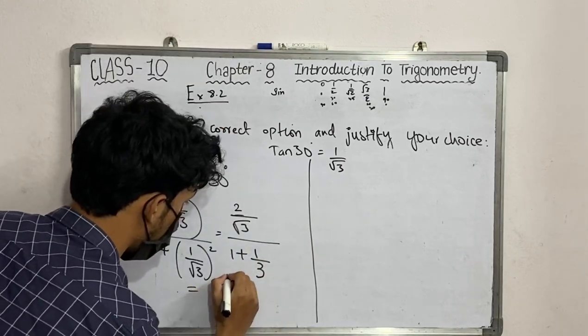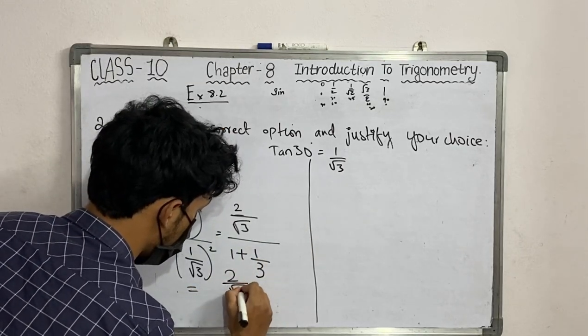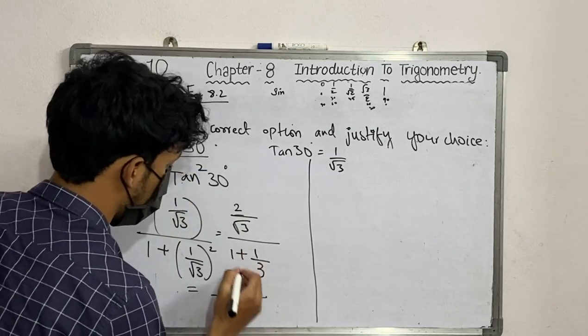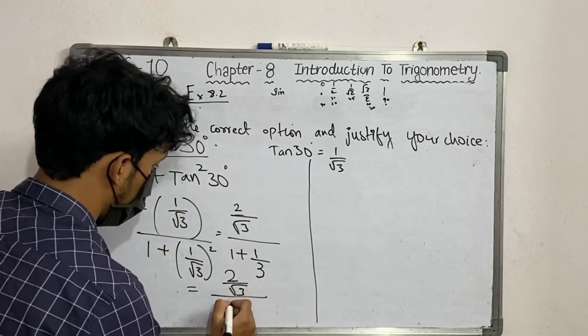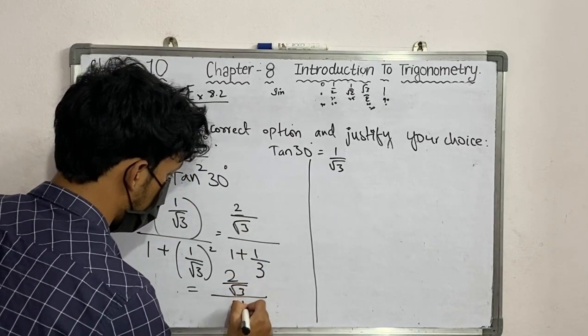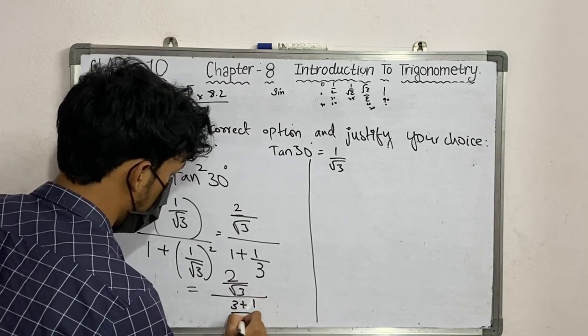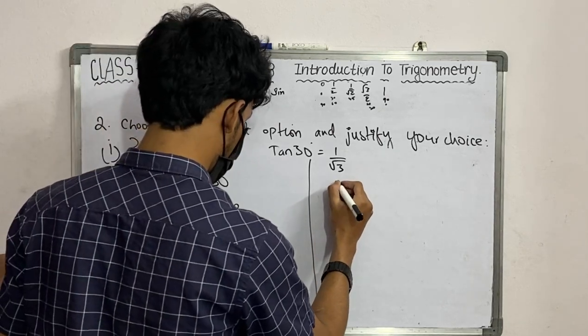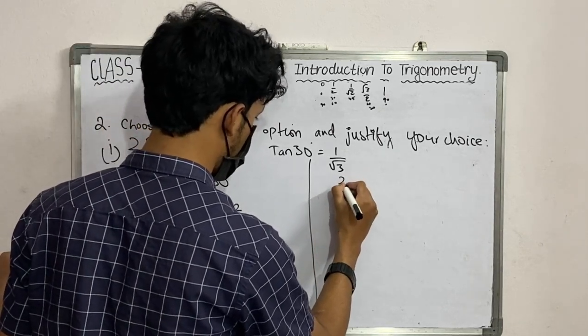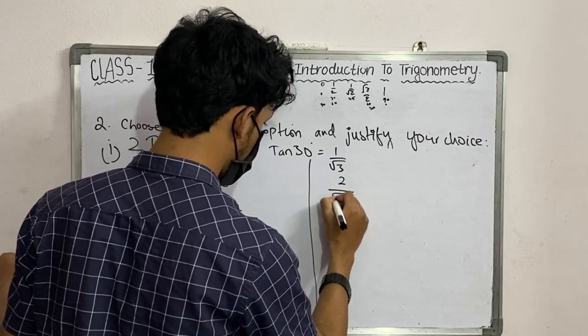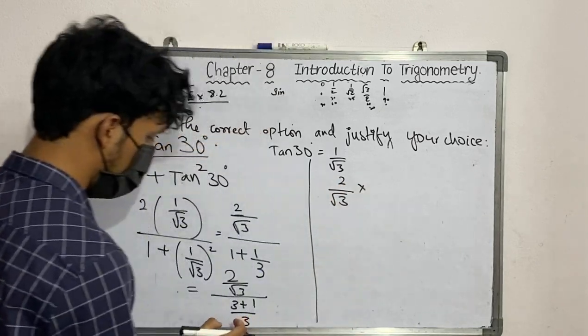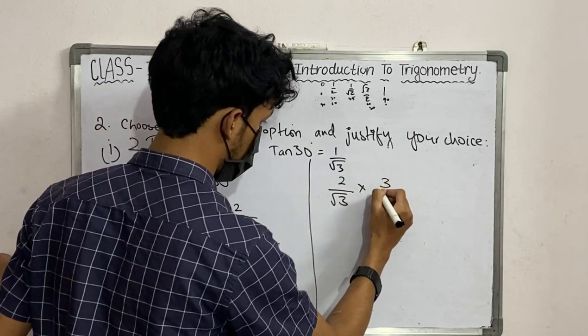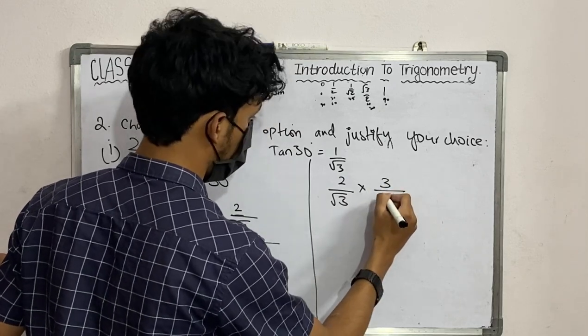Now I'll write here 2 by root 3 divided by, cross multiplying, 3 plus 1 by 3. Now I get 2 by root 3 into, taking the reciprocal, 3 by 4.